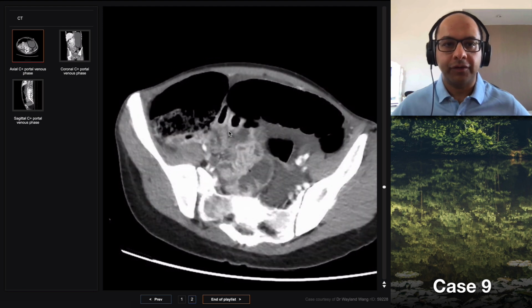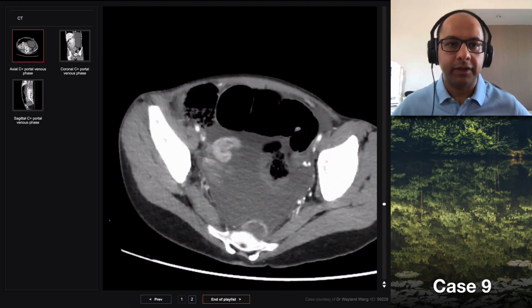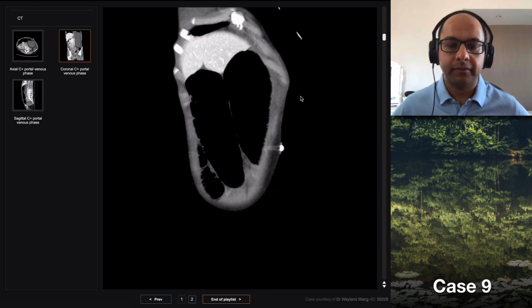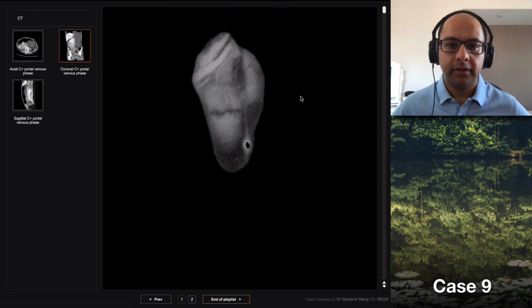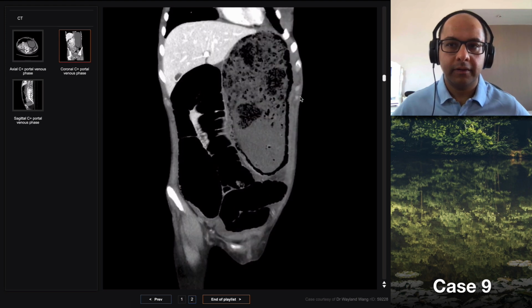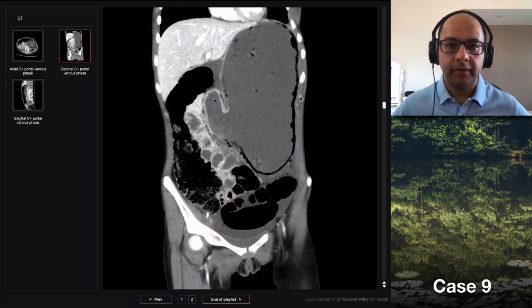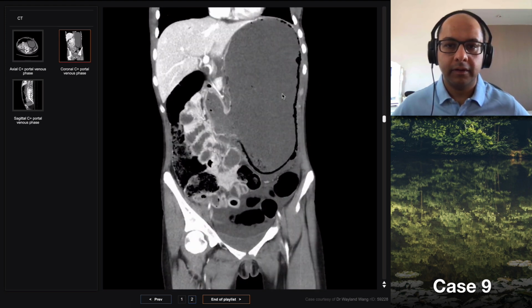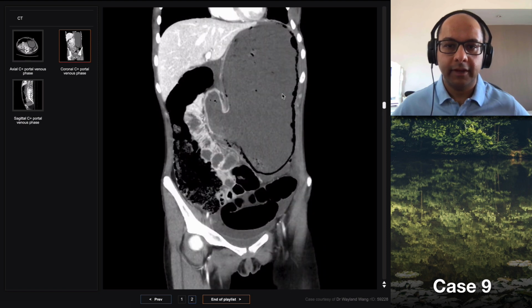I think the coronal views are quite helpful here if you want to switch to those. Yeah, let's try that. It does not seem to be free intraperitoneal gas, but this is a grossly distended stomach. You can see this bit of the wall is enhancing, and then I lose the enhancement going around it.